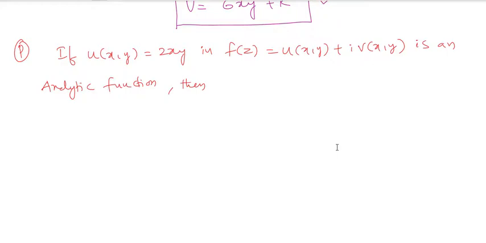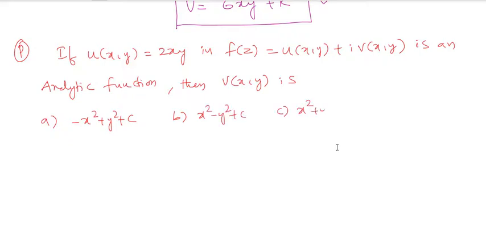Then v of x comma y is, they gave the options: A, minus x square plus y square plus c. B, x square minus y square plus c. C, x square plus y square plus c. D, minus x square minus y square plus c. This is the question, ma.